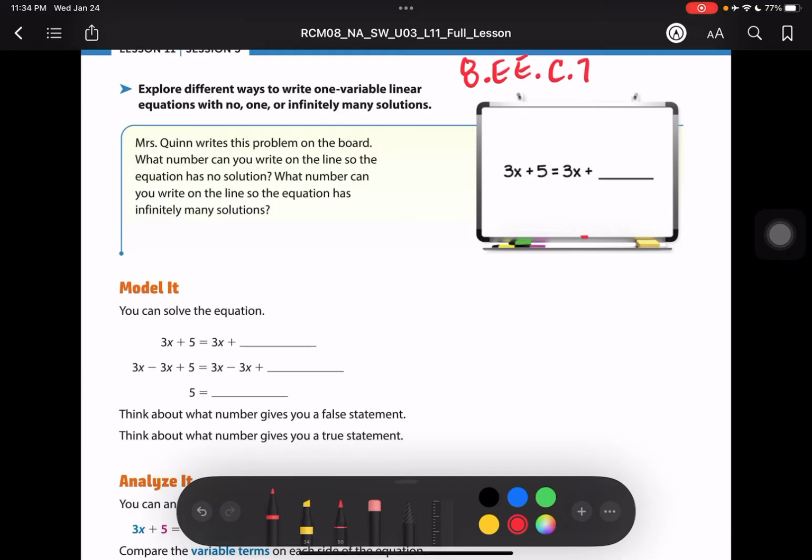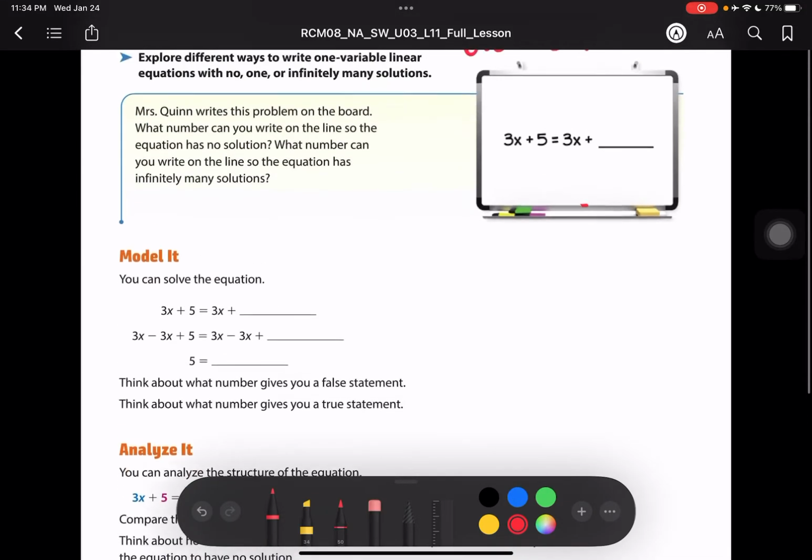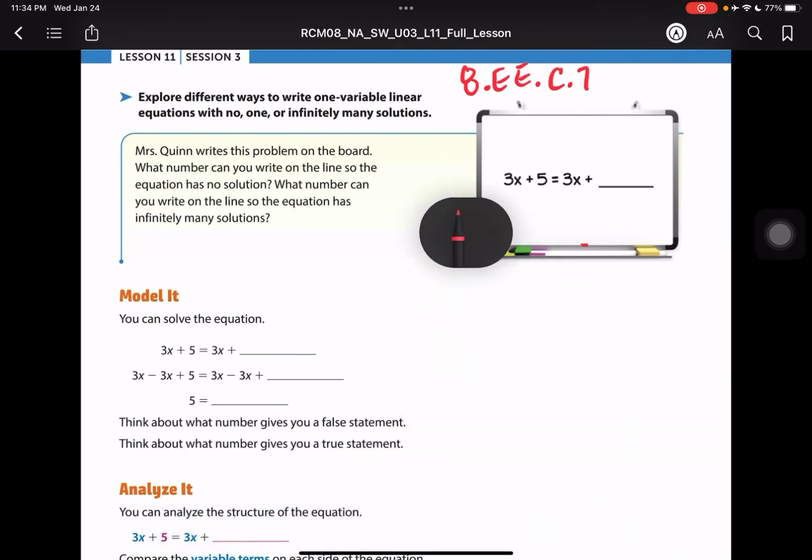This is a long standard with a lot of information in it, so it's very important that you prepare and study. Take out the sheet you were given on Tuesday, the one with the infinitely many solutions, no solutions lesson on it, which is the last notes that you took.